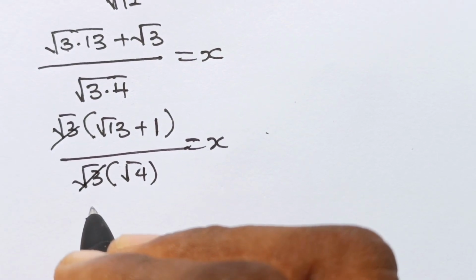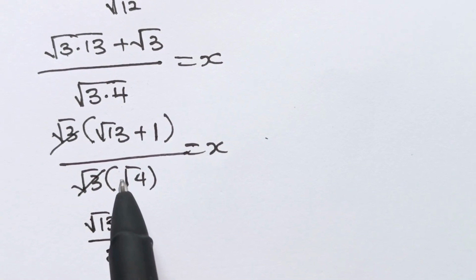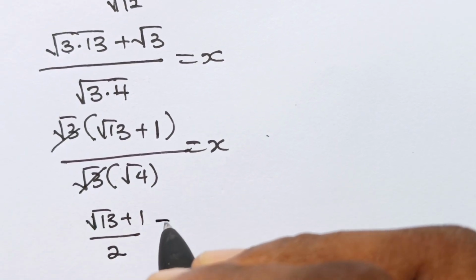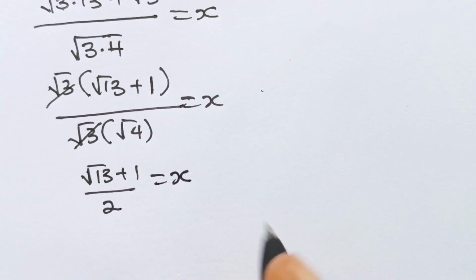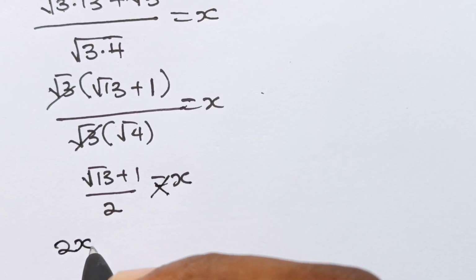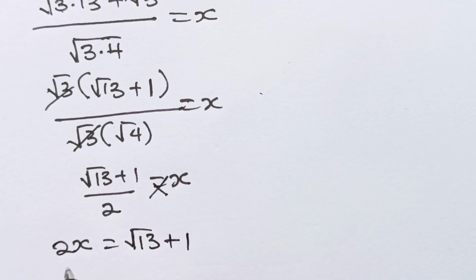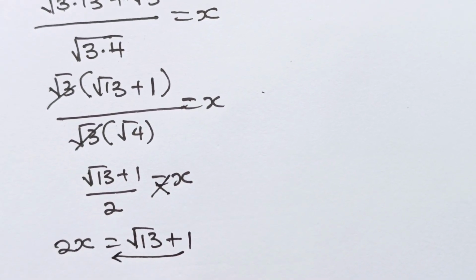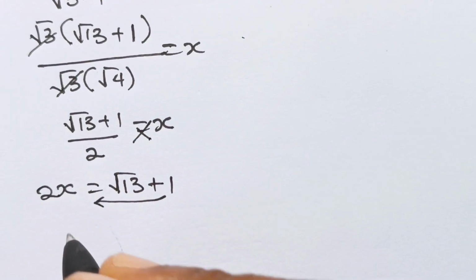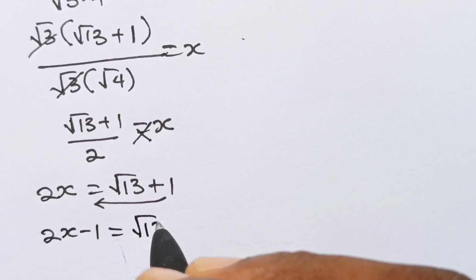And we are left with root 13 plus 1 divided by 2, because square root of 4 is 2, is equal to x. Now if we cross multiply, 2 times x is 2x, is equal to square root of 13 plus 1. Now let's transfer this to this side. If we do that, we have 2x minus 1 is equal to root 13.